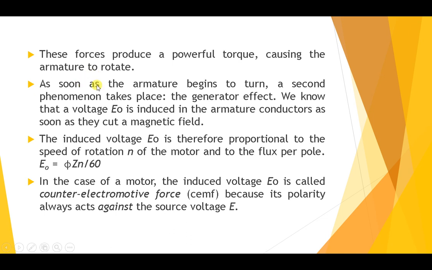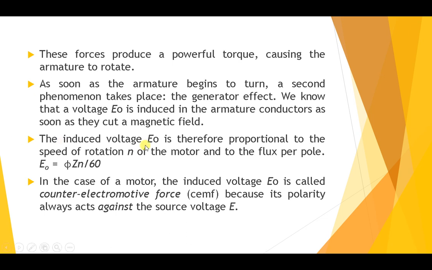When the armature starts to rotate or begins to turn, a second phenomenon takes place, that is the generator effect. We know that a voltage E0 is induced in an armature conductor as soon as it cuts a magnetic field. We already studied that whenever a conductor moves in a magnetic field, it cuts the flux and EMF is induced in it.